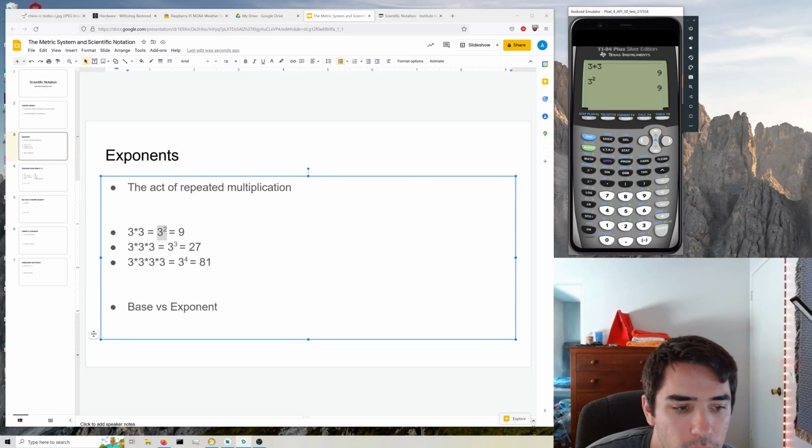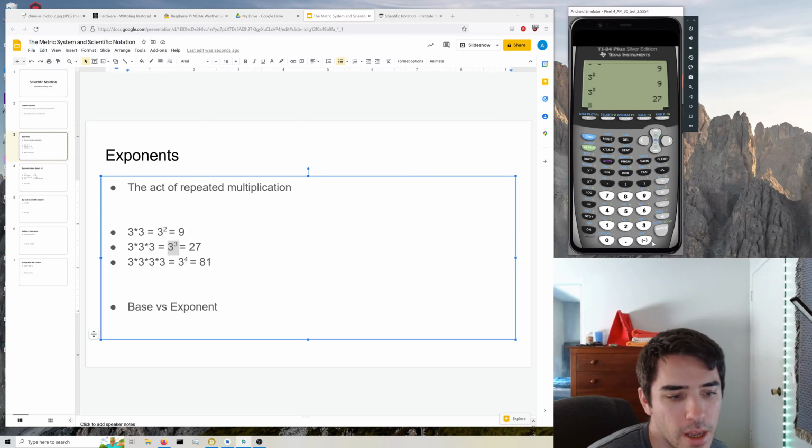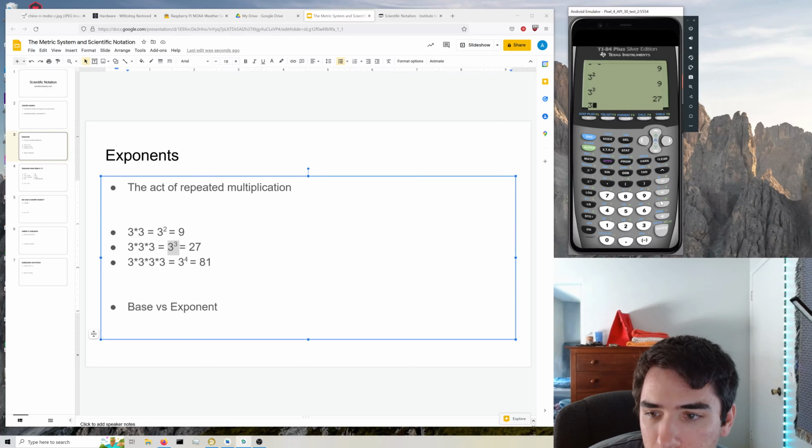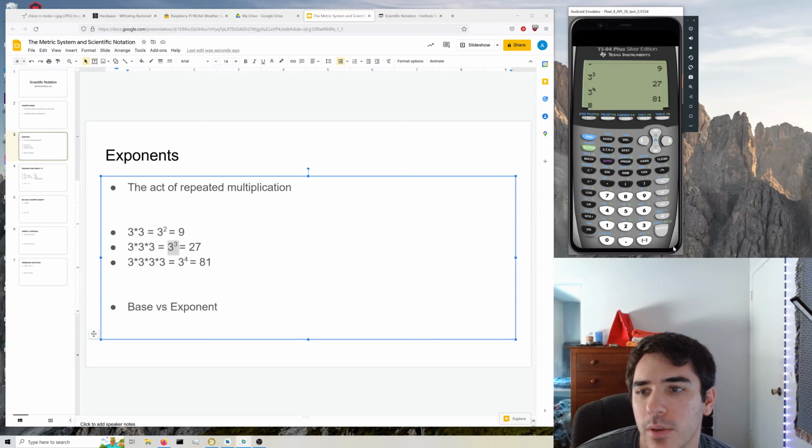If we add another 3 into the multiplication list, then we write that as 3 to the 3, and that equals 27. And of course we can do 3 to the 4, and that equals 81. So you get the idea.